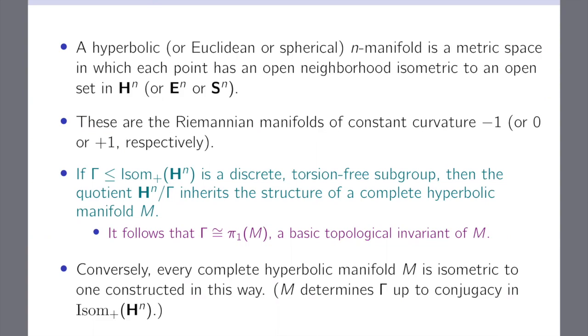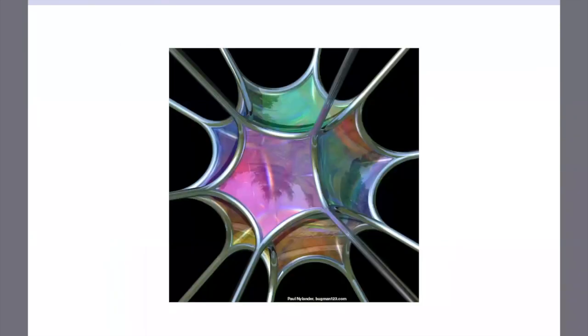We construct n-dimensional hyperbolic manifolds, or Euclidean or spherical, by quotienting out by a group of isometries. Okay, and again, reminder that gamma is isomorphic to the fundamental group of the manifold, a basic topological invariant, via this construction. And alternatively, every hyperbolic 3 manifold that we have, or hyperbolic n manifold, must have been constructed this way.